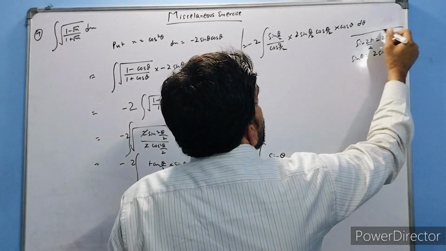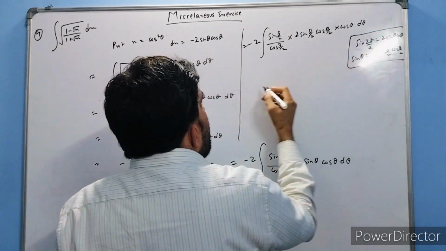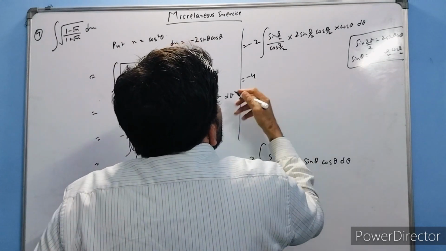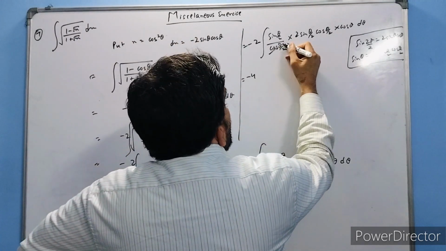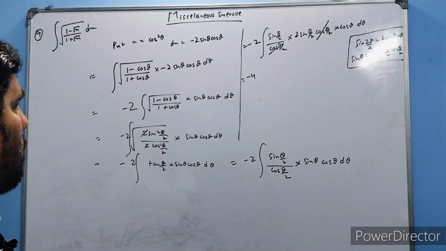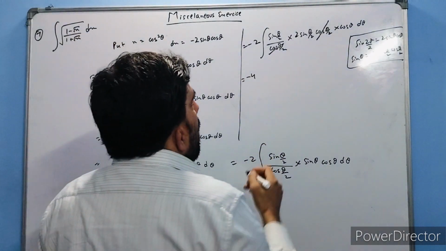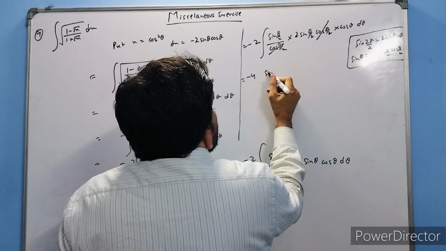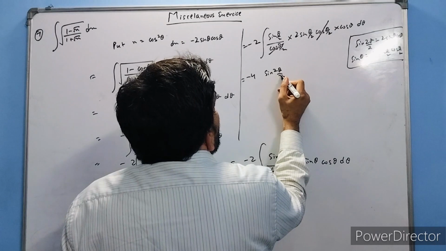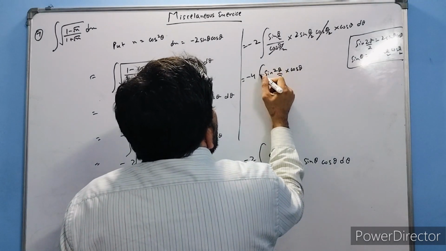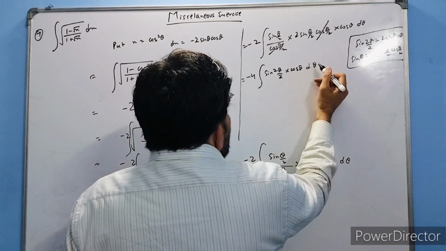Now this identity I have applied. Take minus 4 common here, so now it will be reduced by this. So we have just reduced it. Now take 4 outside. So now I will have sine square theta by 2 into cos theta d theta.